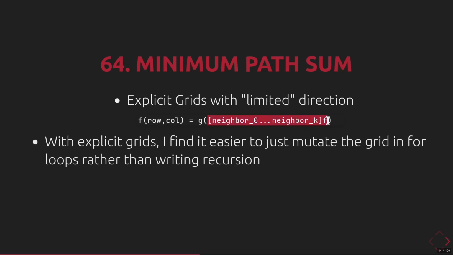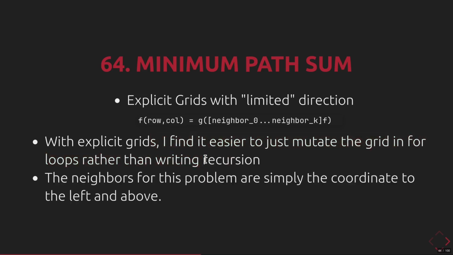Or maybe don't have the answer already, but you can perhaps recurse down and then compute their answers. But with explicit grids, I find it easier just to mutate the grid and write loops rather than writing recursion. But you could do it both ways if you want. But whatever's easier is what you should do.